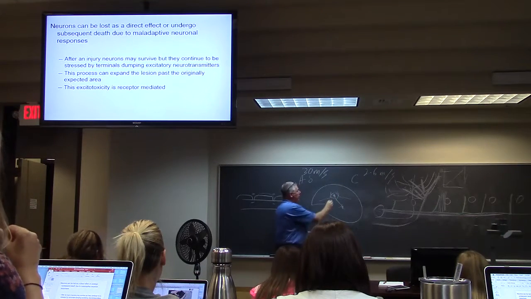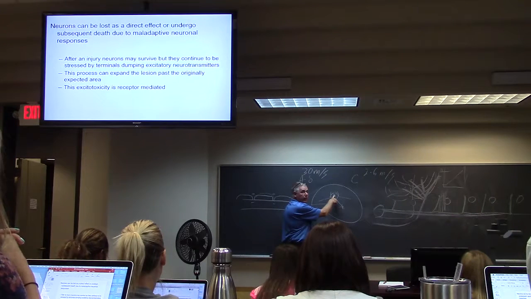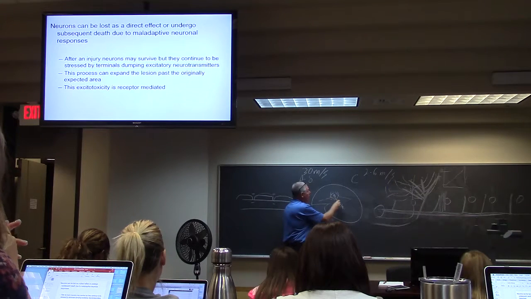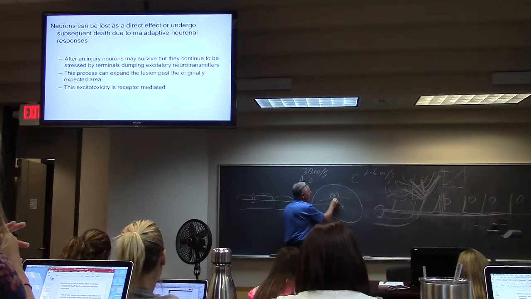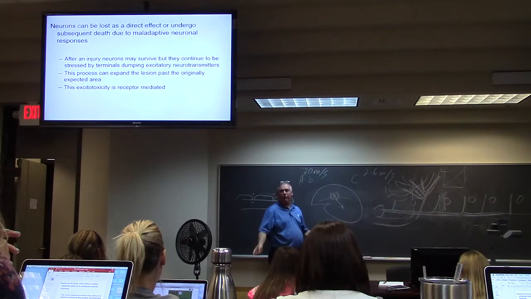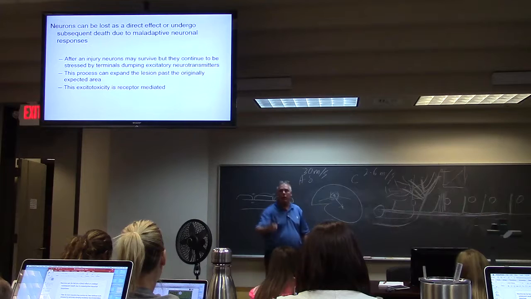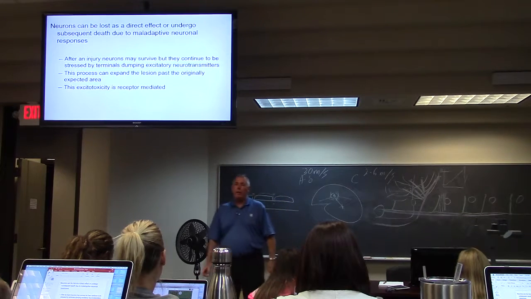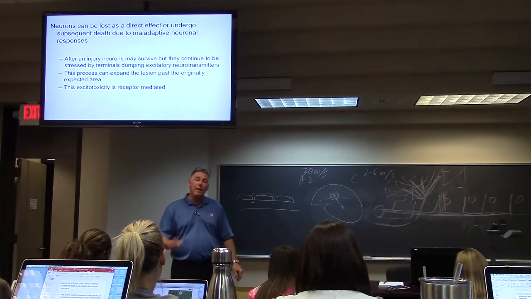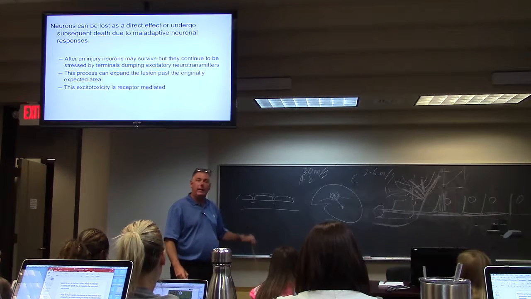So this is your primary infarct area. This area around it, you might lose a little bit of it, but not all of it. That's your secondary infarct area. What you want to do in treating stroke is to minimize the secondary area.